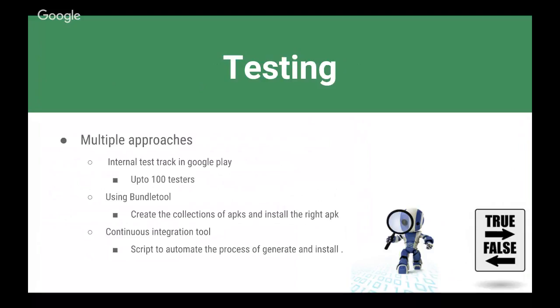You could also use some scripting along with the bundle tool to do it from your continuous integration systems, in case you are using those. So either of these approaches can be taken. A lot of people are currently using the internal test track, and some of them who have build automation are using the bundle tool to test.